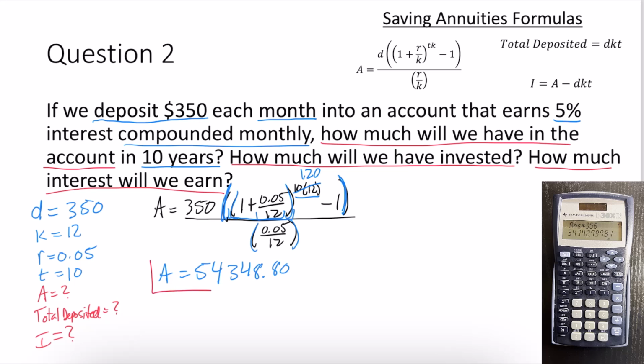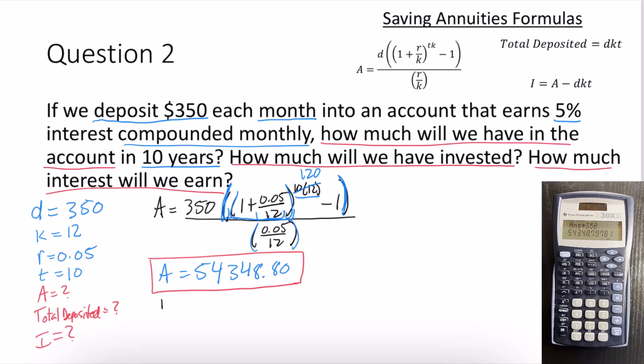And the reason why this number is kind of small compared to the other ones we've been working with is because this investment only lasted 10 years, and the other ones that we've been doing have been much longer. So that's why the number is a little bit small on this one.